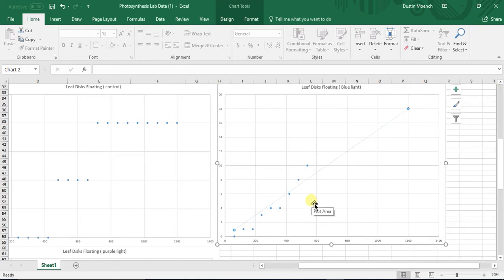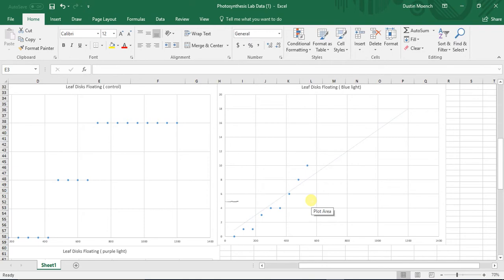Go over, find where 5 would be on my y-axis, draw it right over till it intersects my graph, draw it straight down, and maybe here's 300, maybe my ET50 is about 350 seconds.